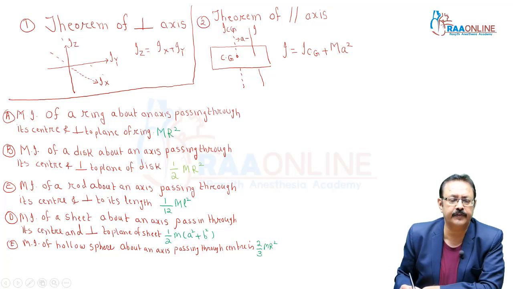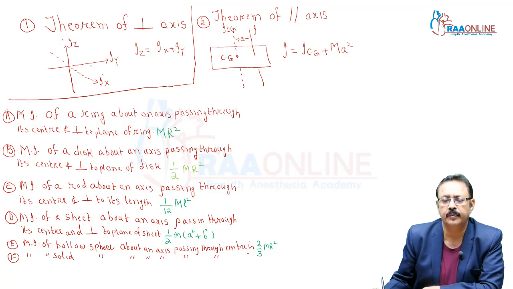If it is a solid sphere, about an axis passing through the center, it should be less: 2 by 5 m r square.